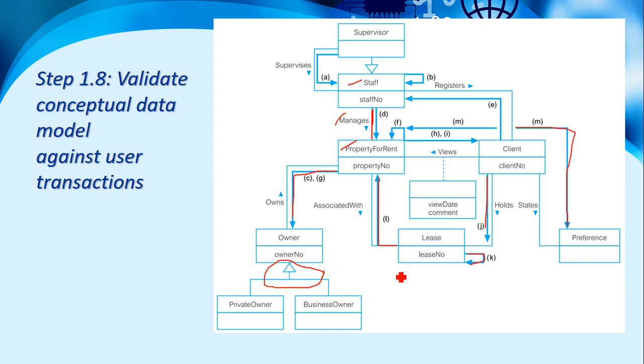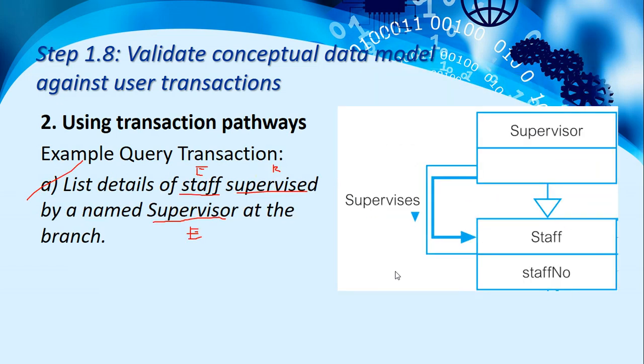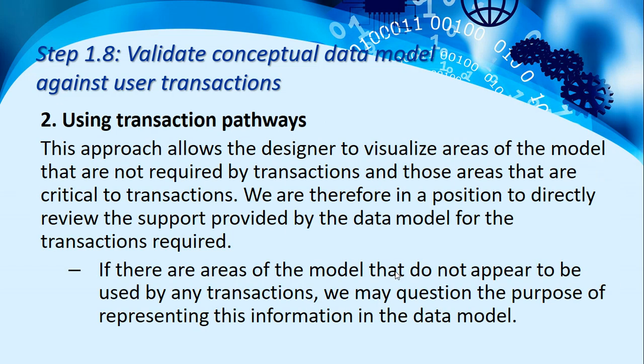disregard this one. So going back, no, ano mangyari sa mga relationships na hindi naman do not appeared to be used, no, by any transactions. So yun nga, we may question the purpose of representing this information in the data model.